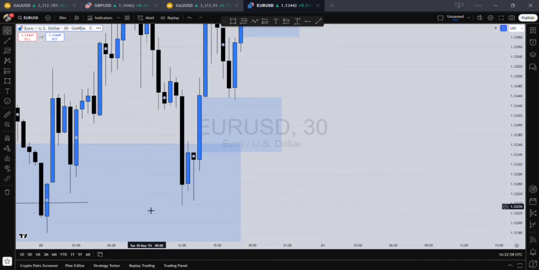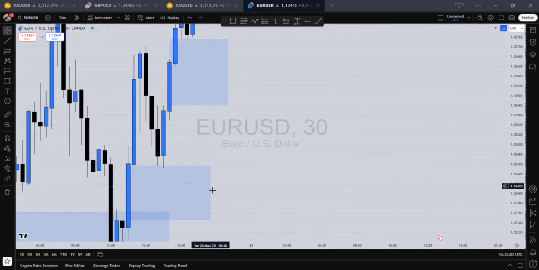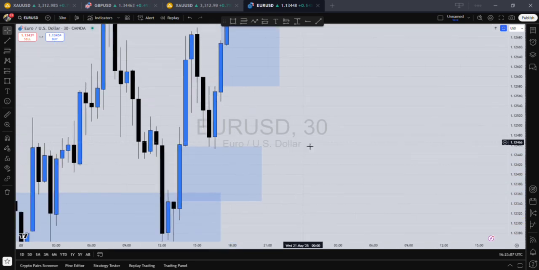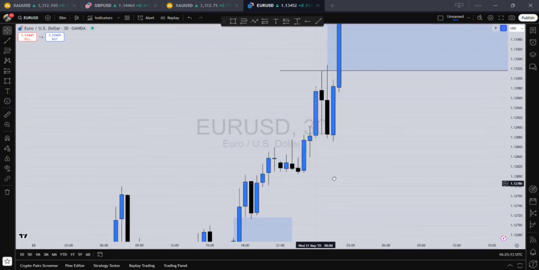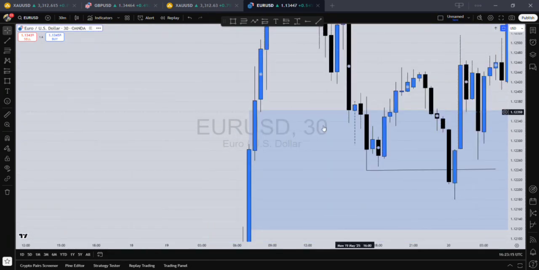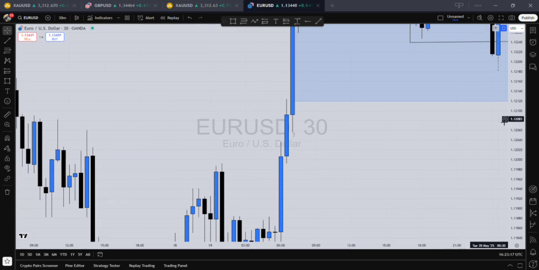So even if you miss your entry from the actual entry here, you can use this place as continuation for the buy. And as price prints more candles, more fair value gaps followed. So this is one of the things that I use my fair value gap for.